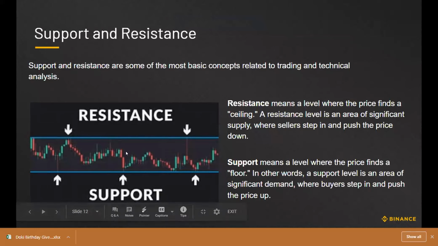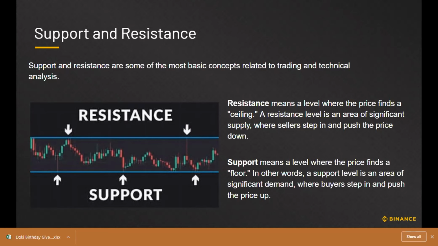Think of resistance like a ceiling and support like a floor. Resistance levels are price levels that the cryptocurrency is trying to break out of but has not broken out of yet. Support levels are price levels that the cryptocurrency has dropped to in the past, maybe 2 days or 4 days or 1 month ago.